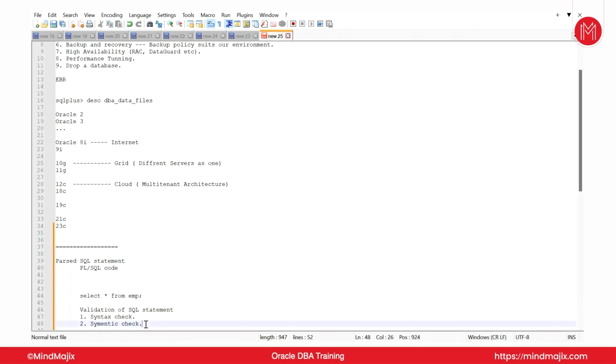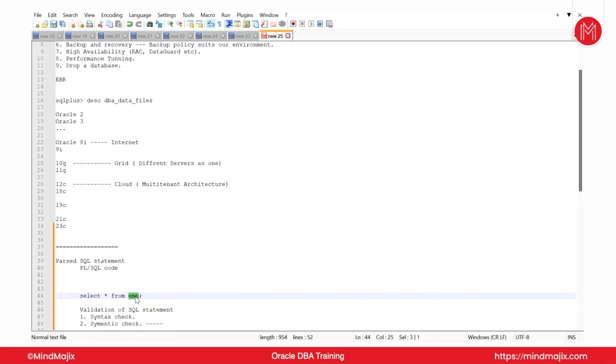Now semantic checks. What are the semantic checks? See, we are selecting data from a table. First thing, does the EMP table exist in the database? Second thing, if you are executing this statement, obviously you need to connect to the database first, using some username and password.